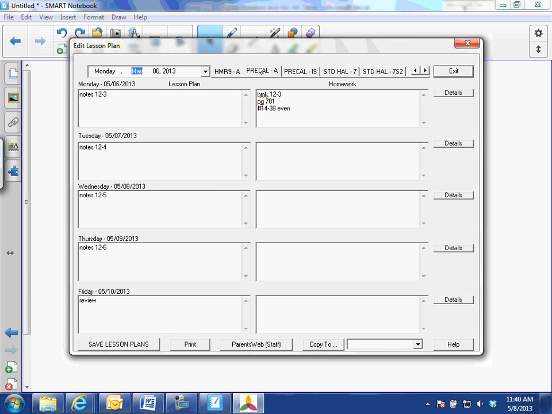I have to look at the book anyway. Goodness gracious. Alright, page 798.